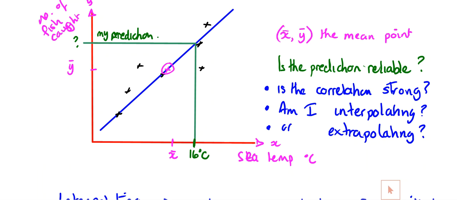Yeah, what's that got to say? How do we have to take that into consideration? Which one of them is probably fine? Okay, so out of interpolating or extrapolating, which one's probably okay to do as long as we've got decent strength? Interpolation.